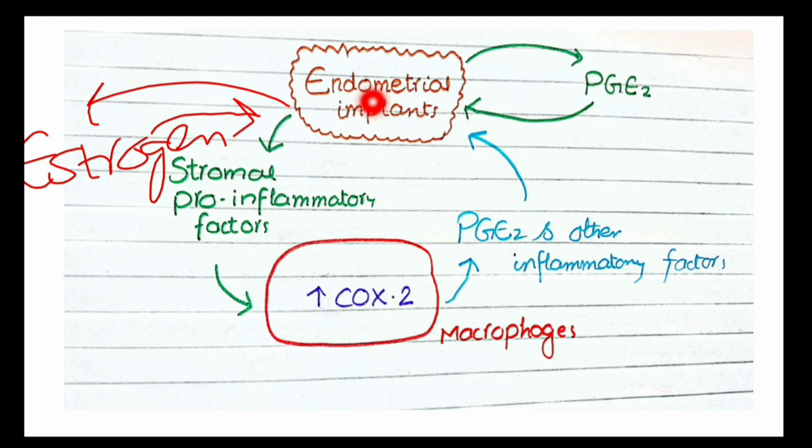And these implants are also estrogen responsive. So when estrogen acts on them, they grow in size. You can say that these implants are hormone sensitive and grow with the help of estrogen. So these are the ways in which these endometrial implants enhance their survival in an environment in which they were not supposed to develop in the first place. So this is the pathogenesis.